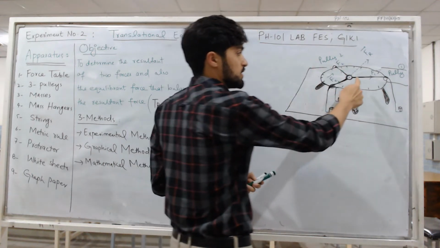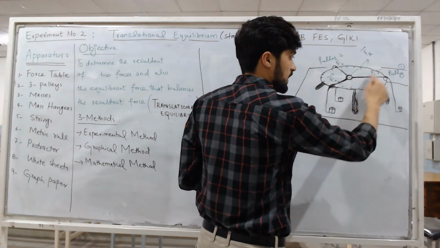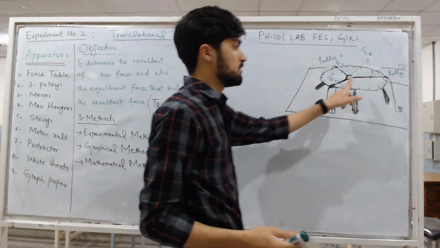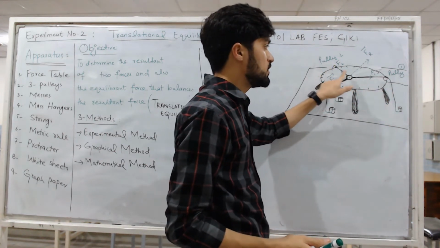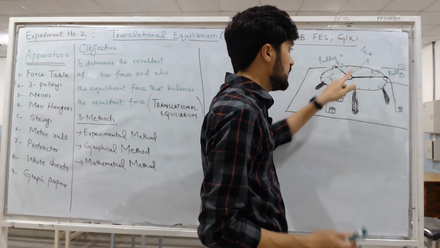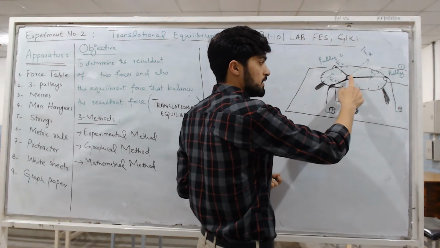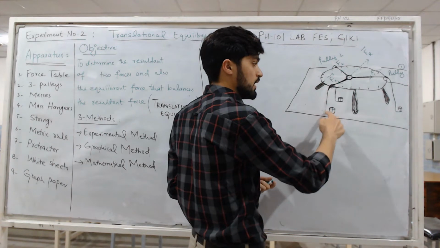These are the strings, and this is the first force, F1. This is the mass hanger, and these are the masses. This is the first force, and this is the second force. The resultant of these two forces is here, Fr. It means F1 and F2 are balanced by this third pulley, the equilibrium pulley, which we can adjust.